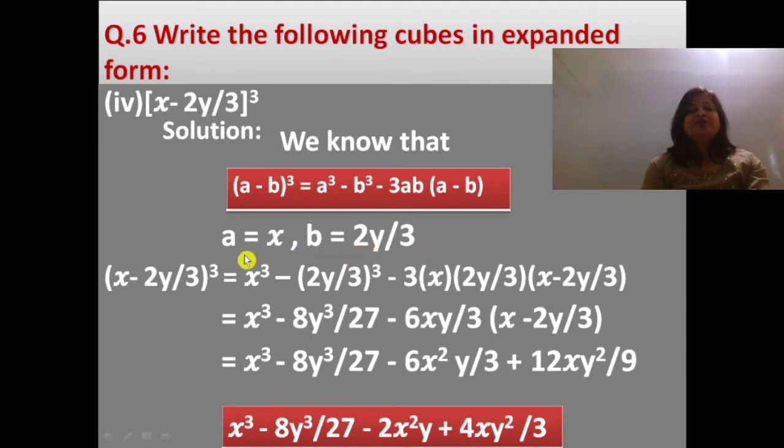Now we will put the values of a and b in this whole formula. So (x − 2y/3)³ = x³ − (2y/3)³.